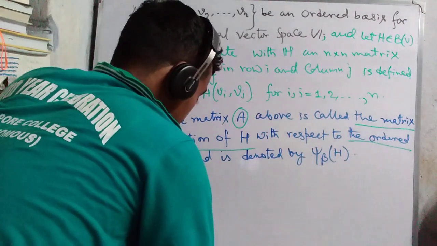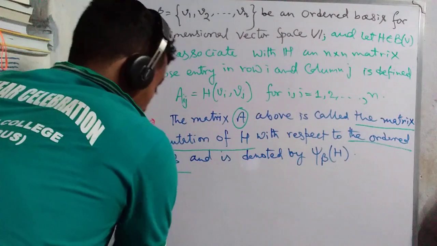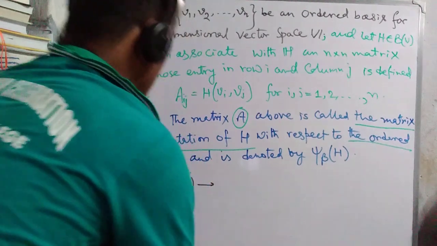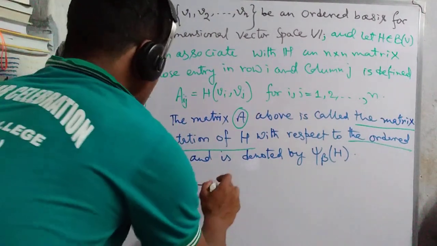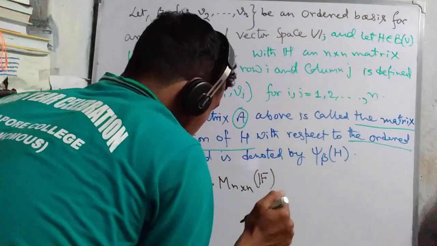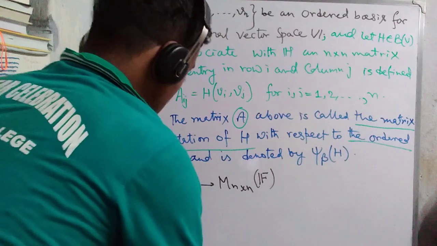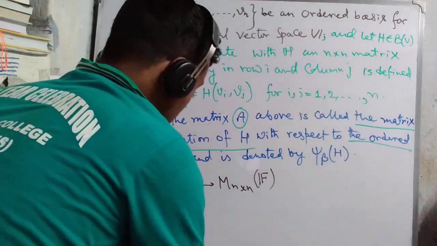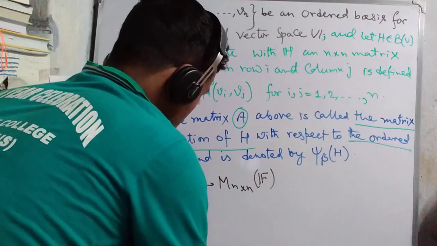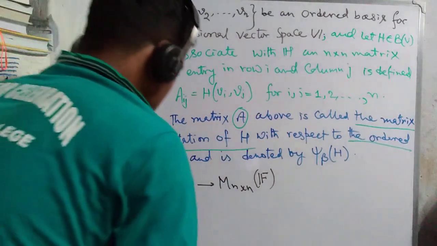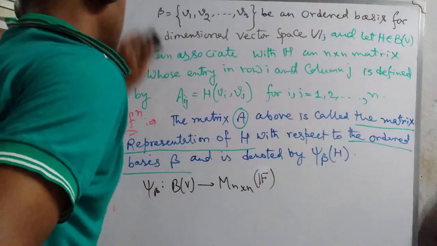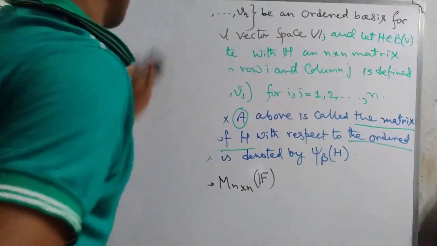That means psi beta is a mapping from BV, the set of all bilinear forms on V, to M n cross n of F, where F is the field of scalars for V, and it takes a bilinear form H into its matrix representation psi beta H. So now we give an example.